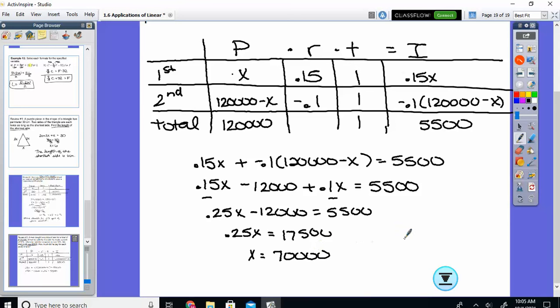Is that right? About 50. 50? I got 70. You add. That's 12,000.